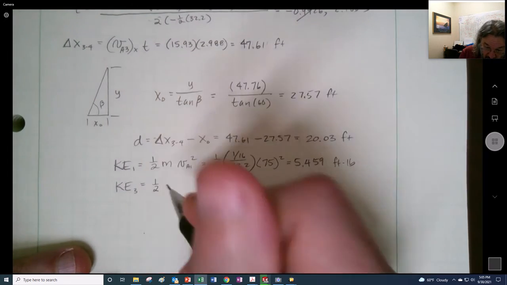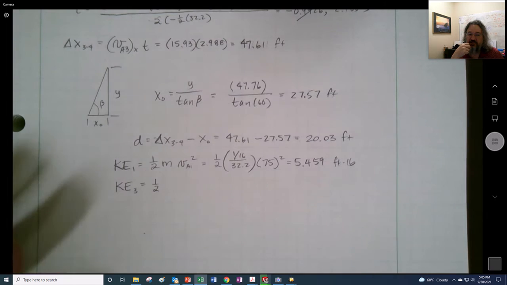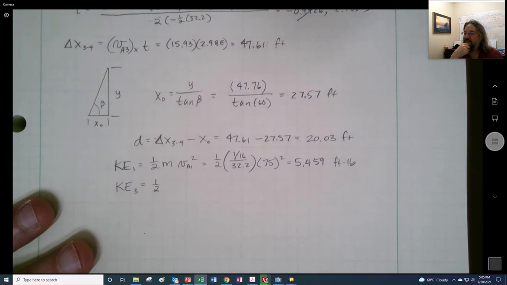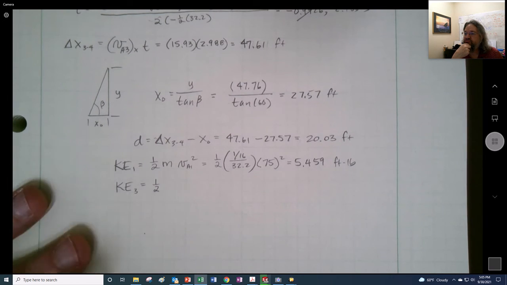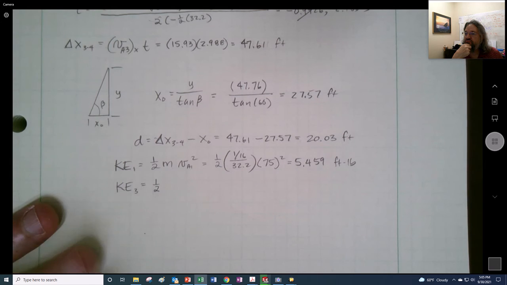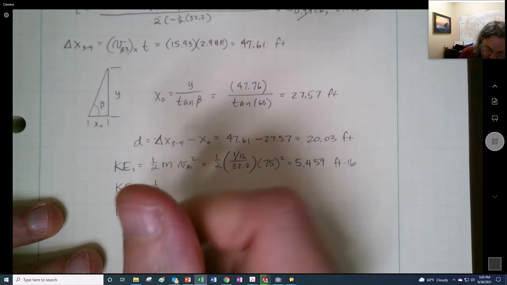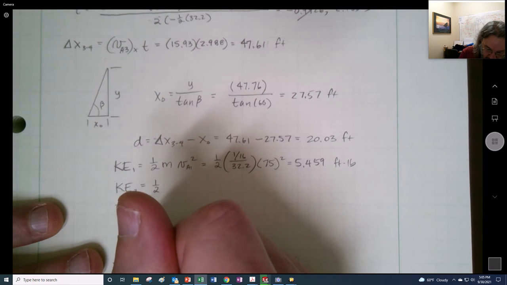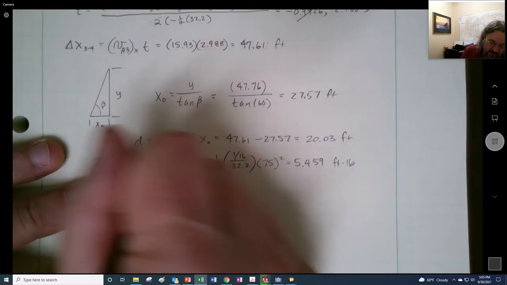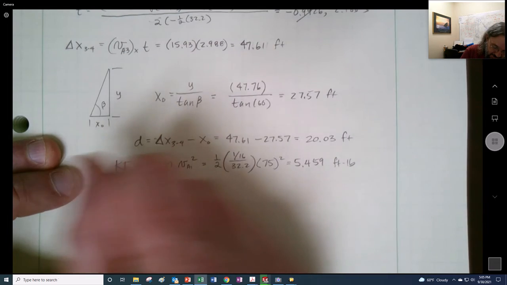So oh, damn. We're going to have to get the potential energy too at state 3. So we need the potential energy at state 3. We need the potential energy at state 1. I'm really regretting doing all of this.